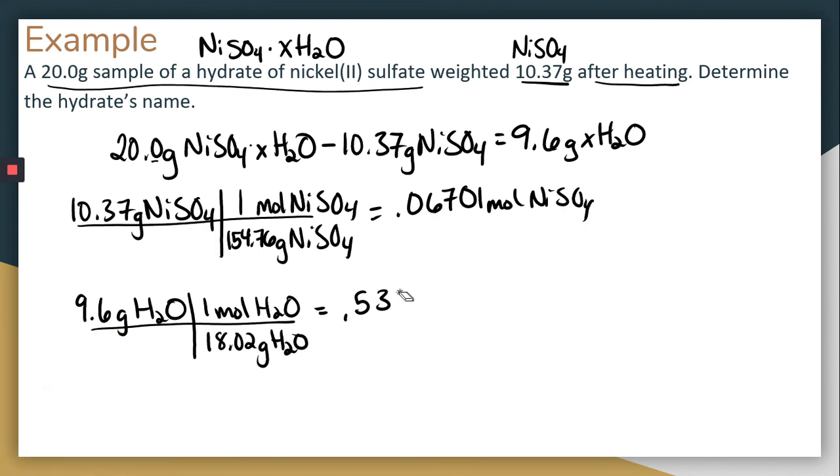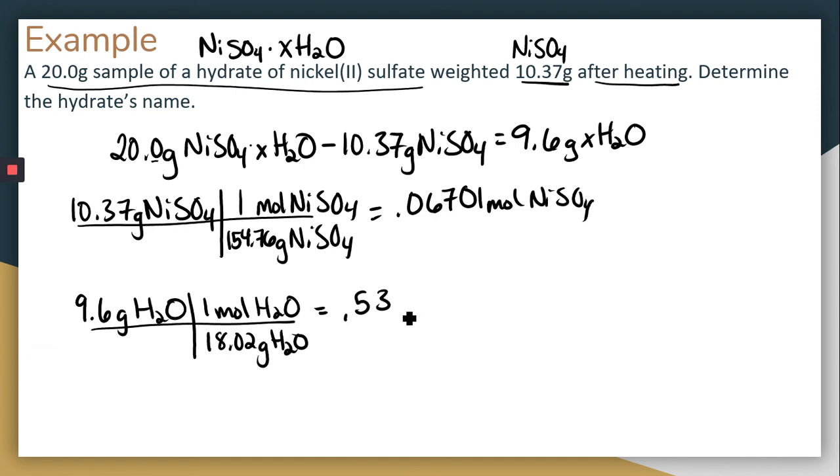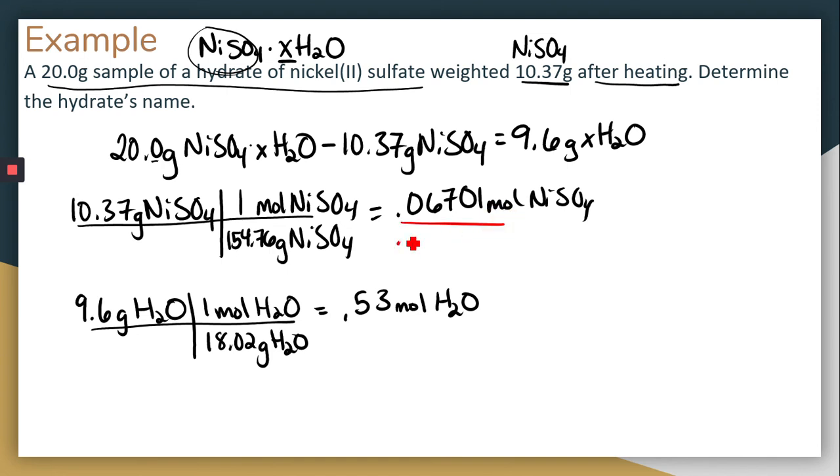The moles of water should always be more than the moles of the salt, the nickel sulfate in this case, because we know that there should only be 1 NiSO4, and then we're looking for how many more waters there would be. So water should always be the larger value, so that when you go to divide by the smallest moles, you would always be dividing by the salt. So this should always be 1. And then we're going to divide by the moles of the salt.